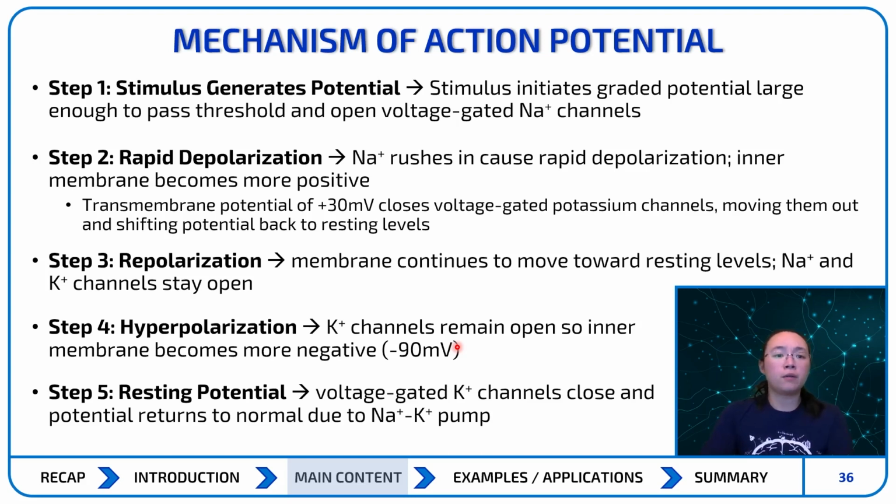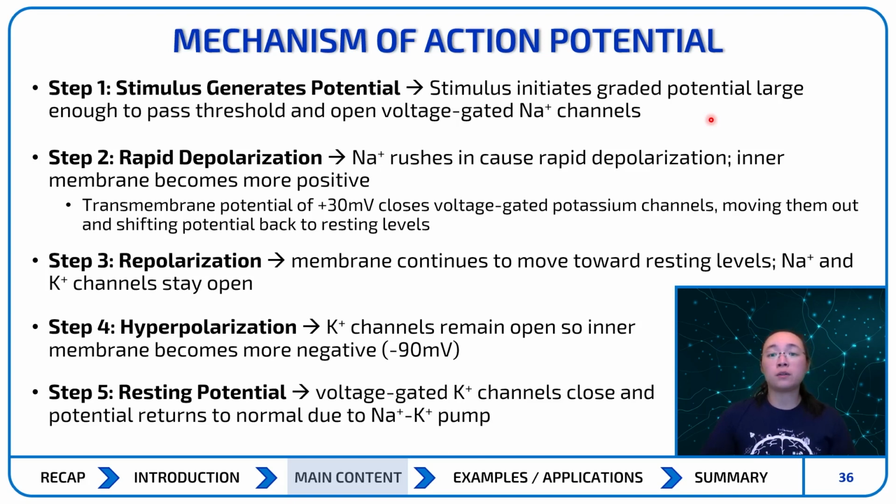Now, for the mechanism of an action potential, these are the steps that you should be familiar with. There were 5 steps that we presented before. Step 1 is a stimulus generating a potential. The stimulus is going to initiate a graded potential large enough to pass the threshold and open the voltage-gated sodium channels for an influx of sodium ions.